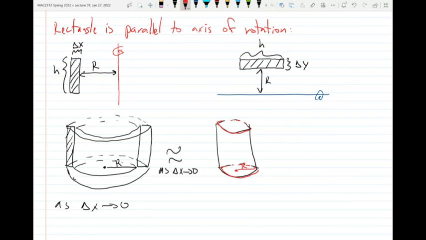Here is the other trick. Anybody has a scissor? No? Should have brought a scissor. So if I cut this, what shape do we get? We get a rectangle, right? So if we cut this, then we're gonna get a rectangle.